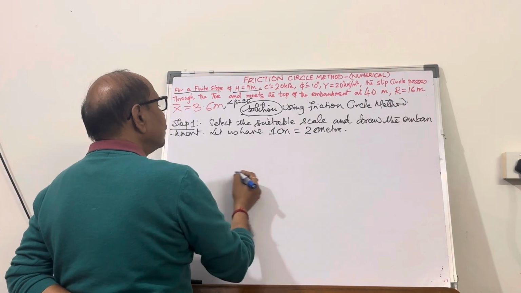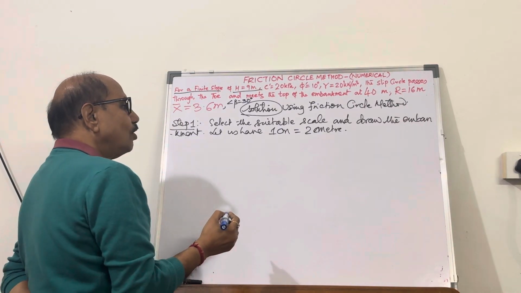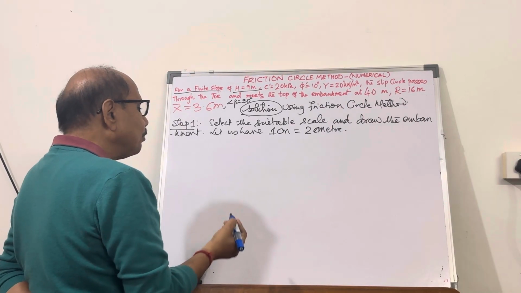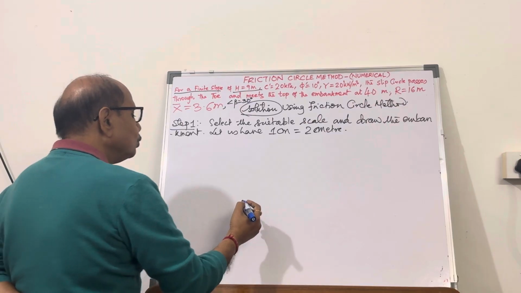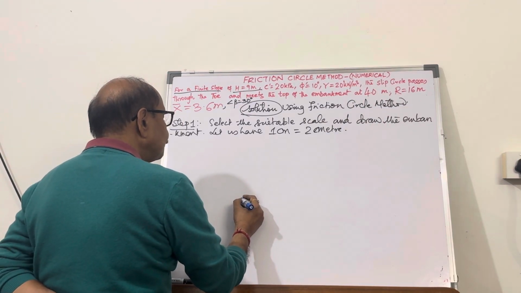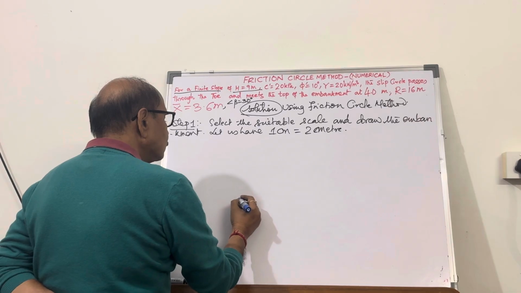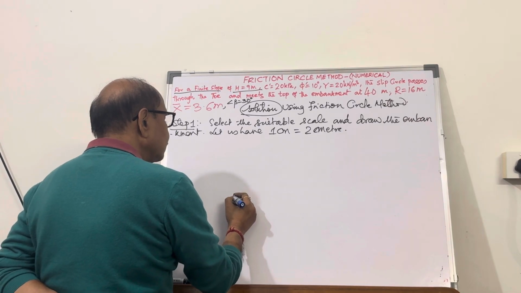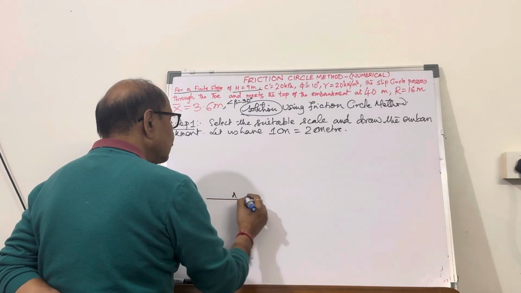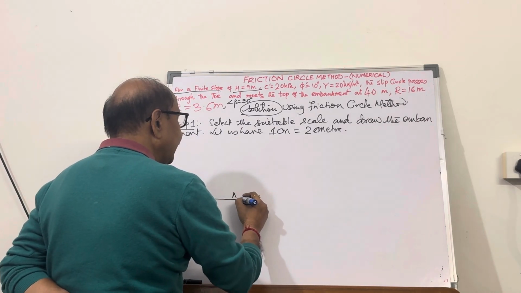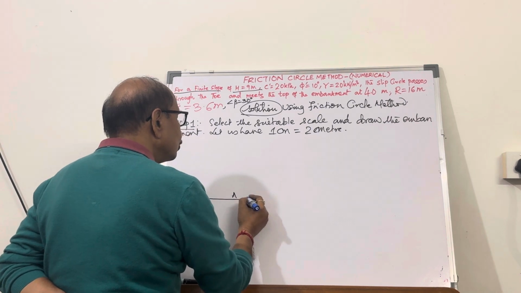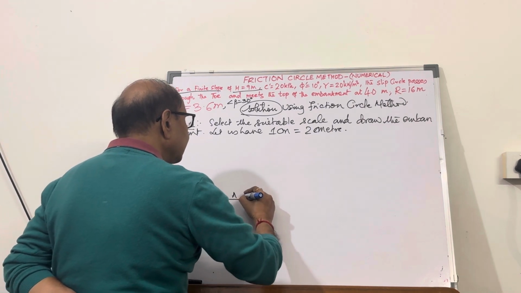the height, if you want to draw it on your paper, or you can make use of graph paper, what you need to do is take any point A, and here at point A, with the horizontal, the slope angle is given to you as 30 degree.